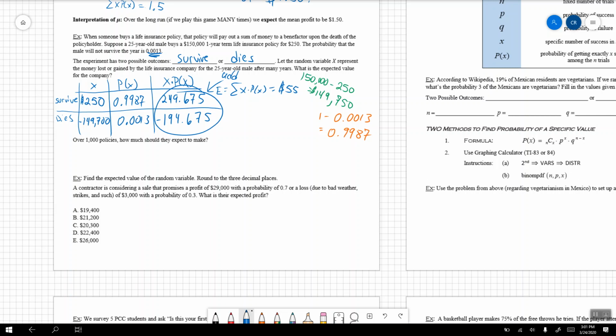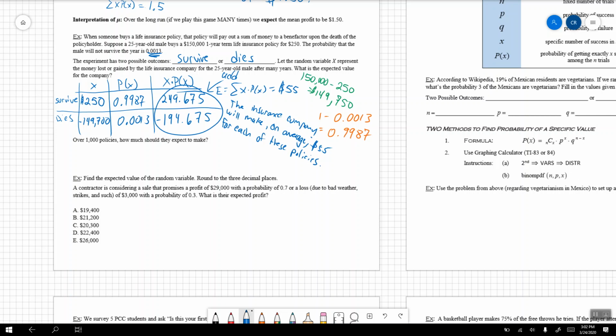This means that the insurance company will make, on average, $55 for each of these policies.